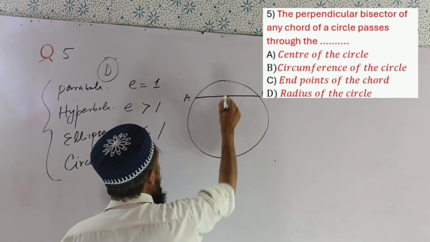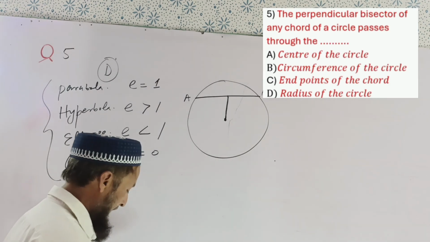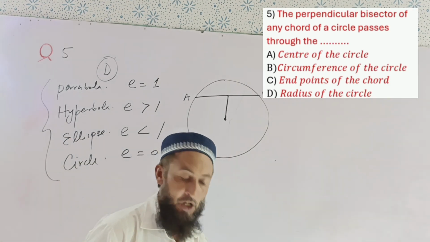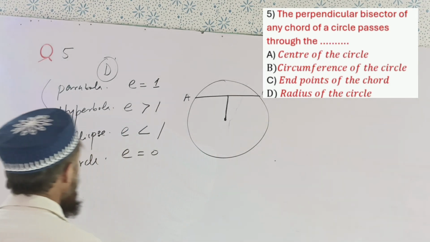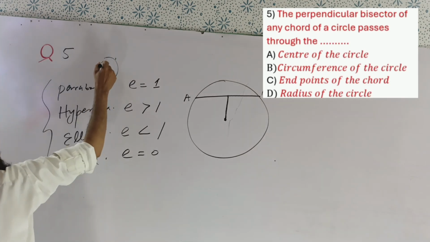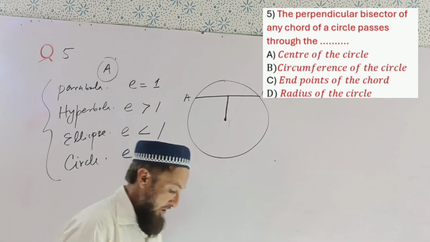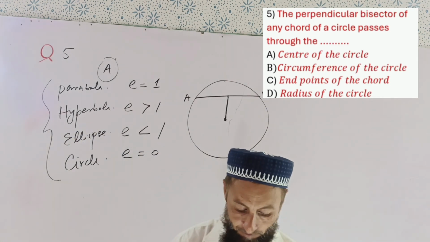That passes through the center. And here in question number 5, option A is the correct option, the center of the circle.